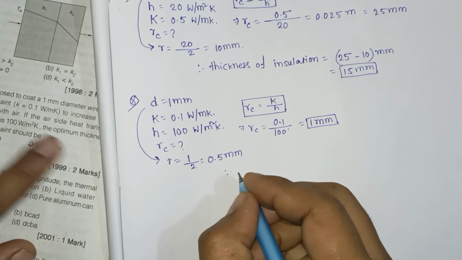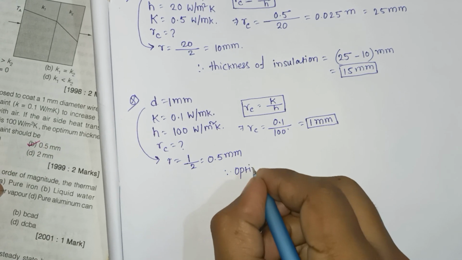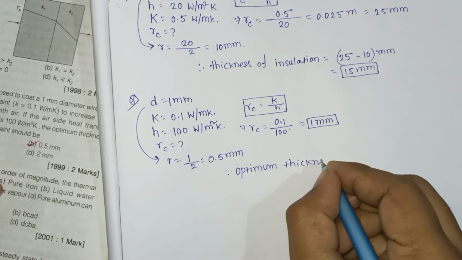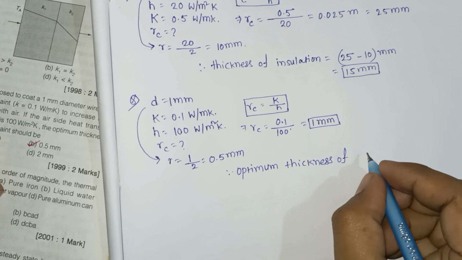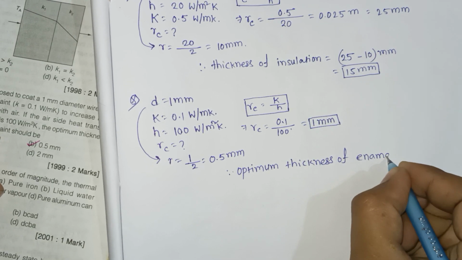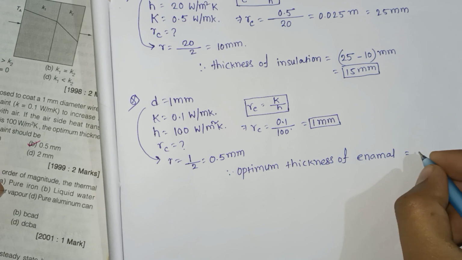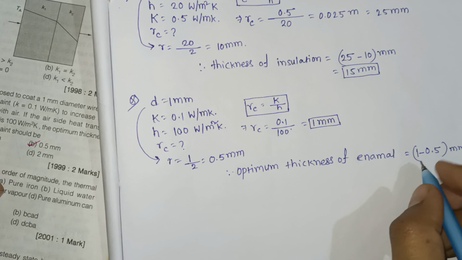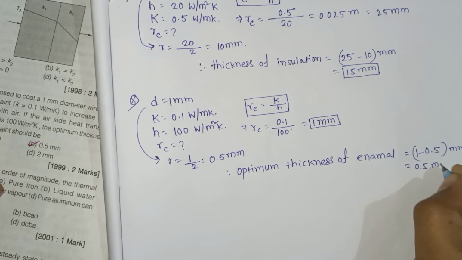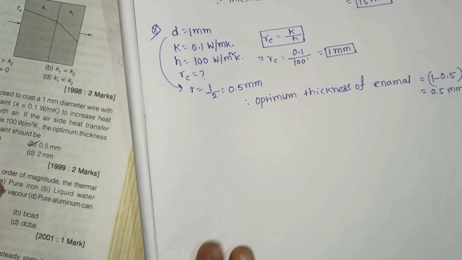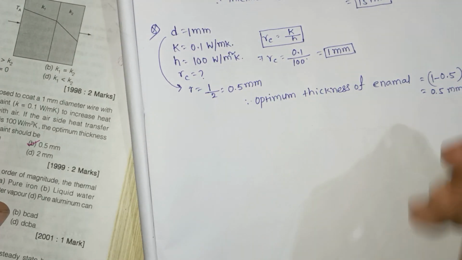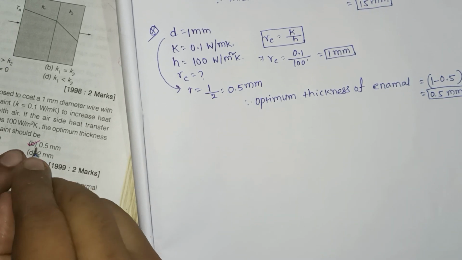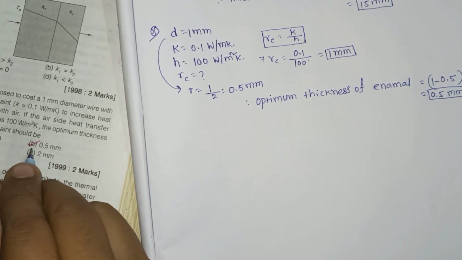That means the optimum thickness of enamel equals 1 minus 0.5 millimeter, that is 0.5 millimeter. This will be our answer. So here option B is correct.